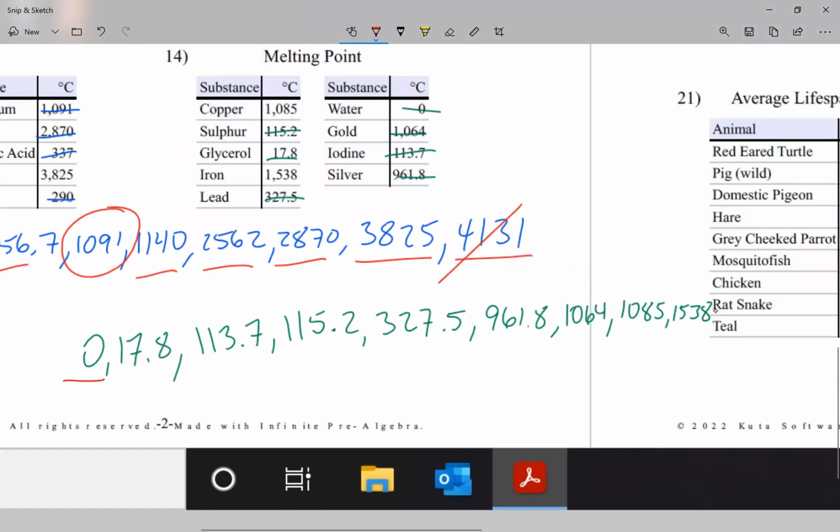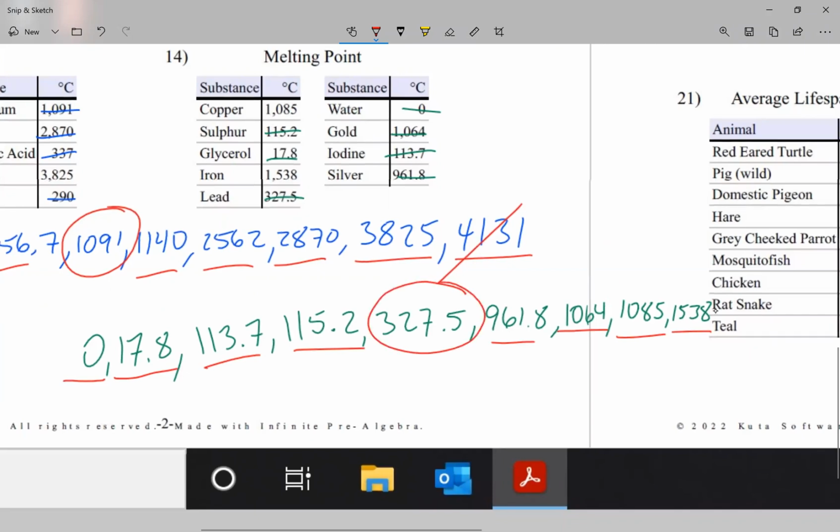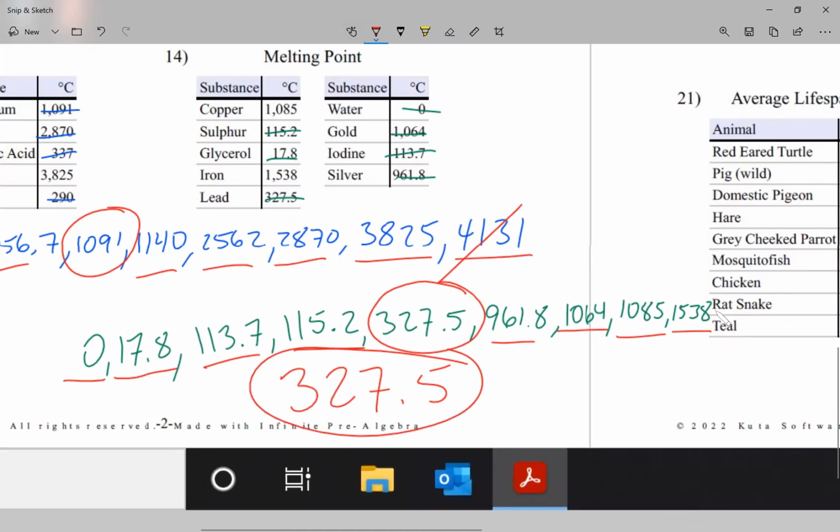Let me cancel the smallest number and the largest number, the smallest and the largest. And again, my number in the middle happens to be 327.5. Pretty cool. The number in the middle.